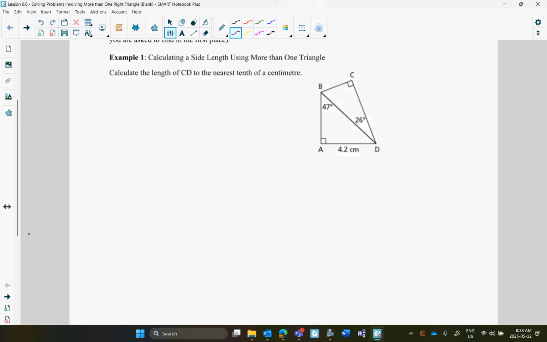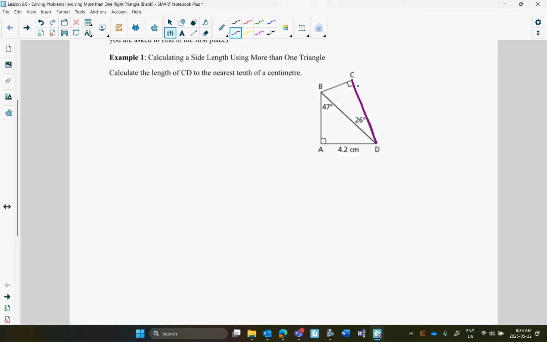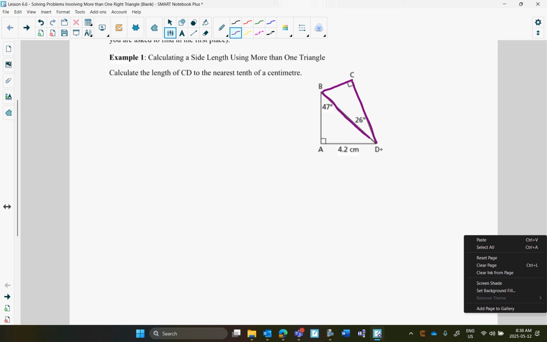So in this one, we're asked to find the length of CD. Well, here's CD, and it's part of this right triangle. If you look at that, do I have enough information in that one to find CD?